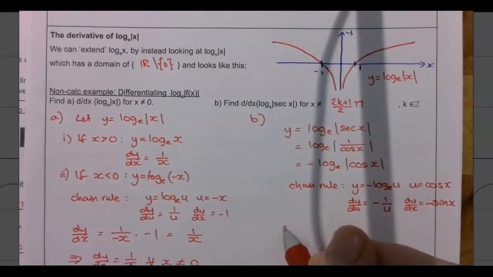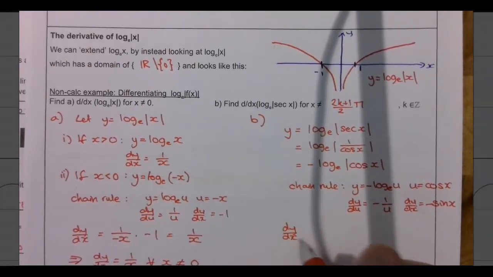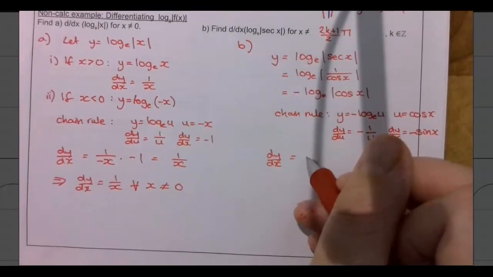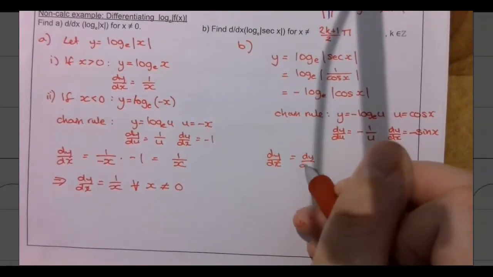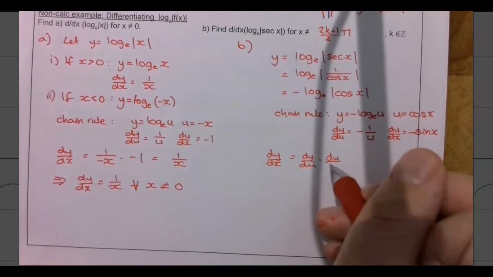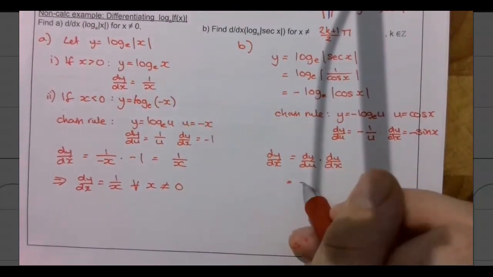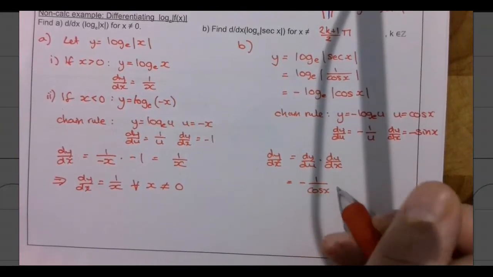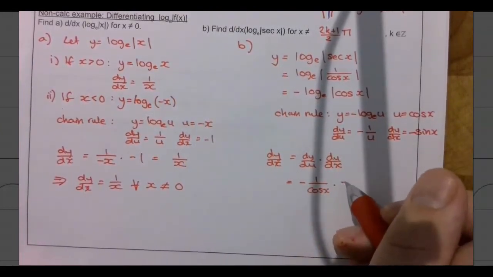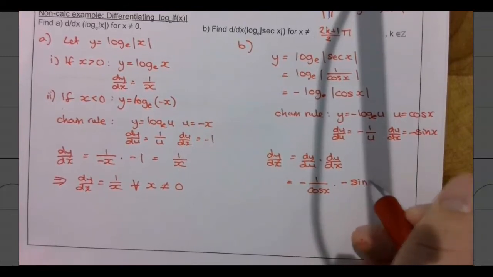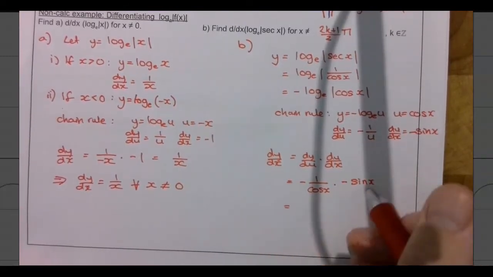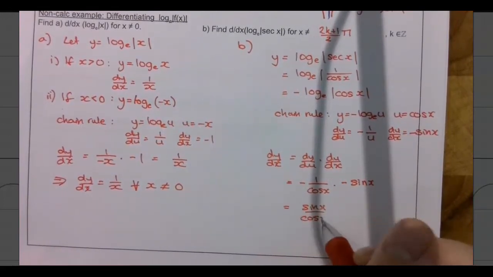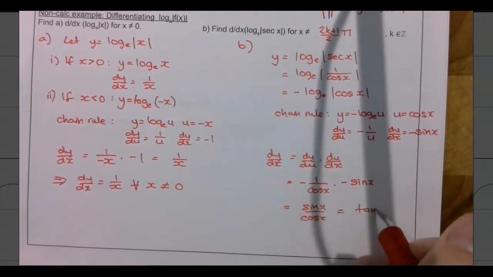Overall dy by dx is dy by du times du by dx, so that's minus 1 over u, which is cos x, multiplied by minus sine x. Minus signs cancel, giving me sine x over cos x, which is, of course, tan x.